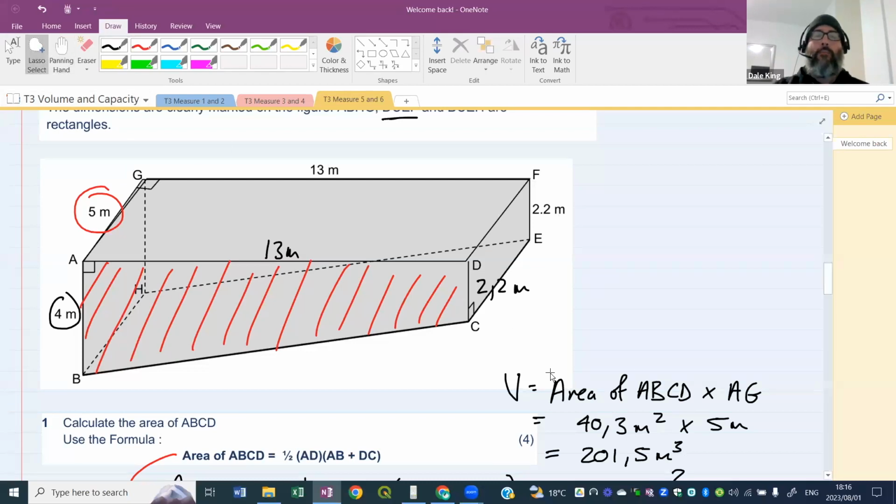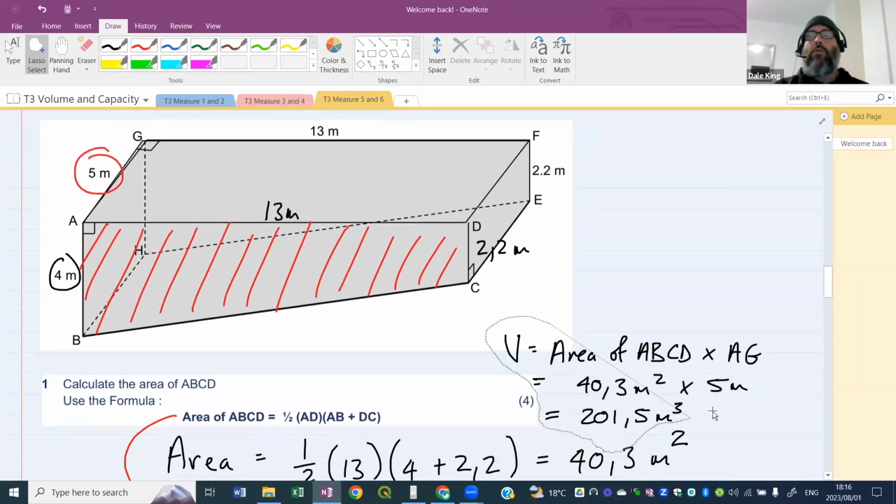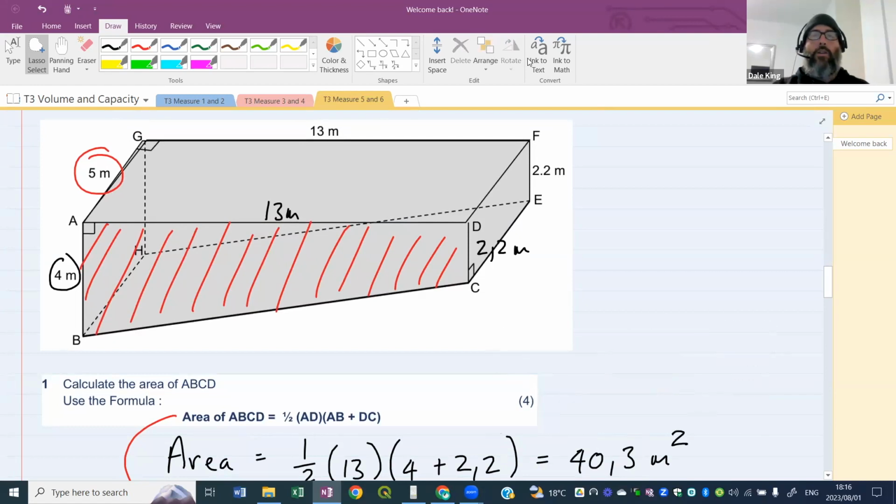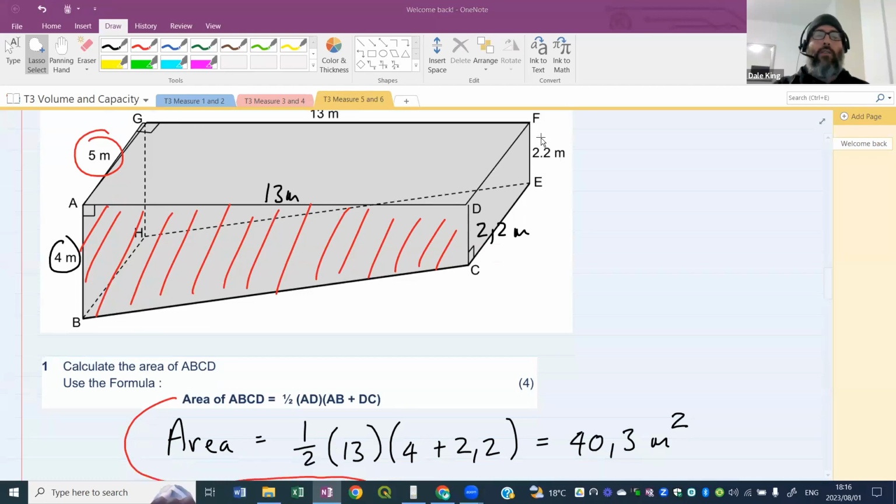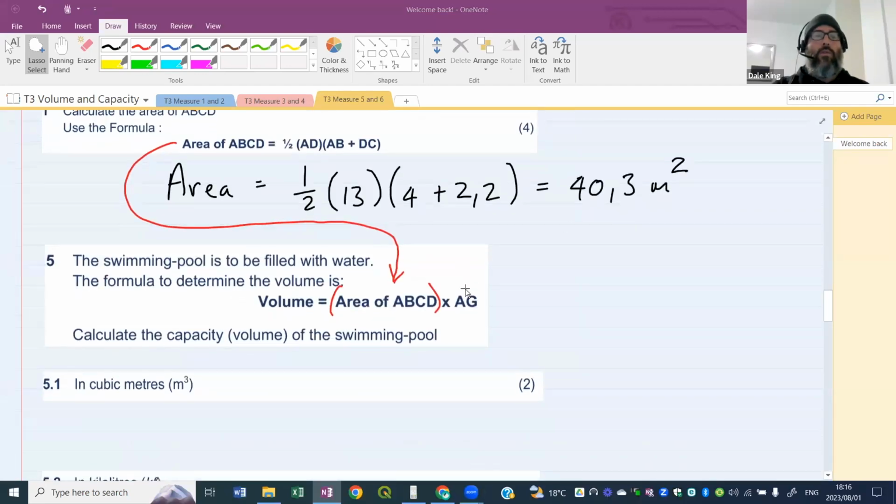I was going to take this answer and place it down where it's supposed to be. Yes, we just took the previous answer from the previous question and multiplied by 5. Good.